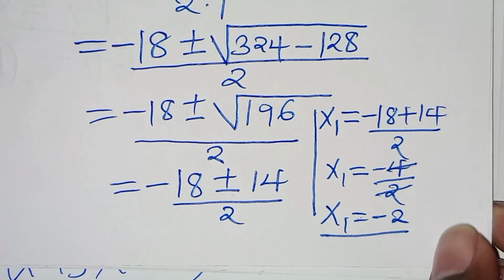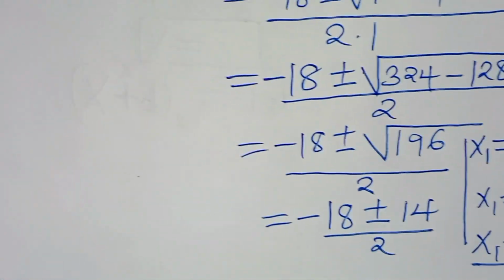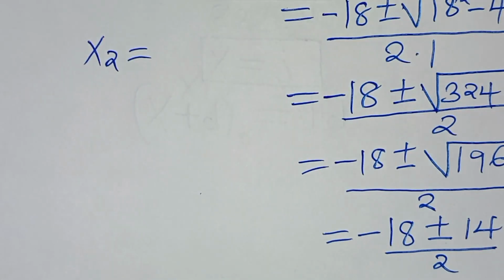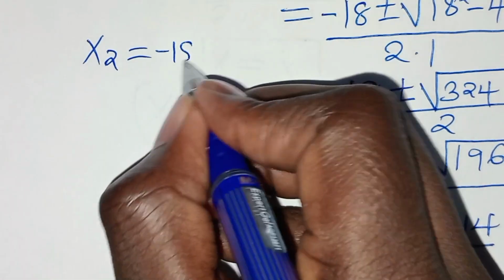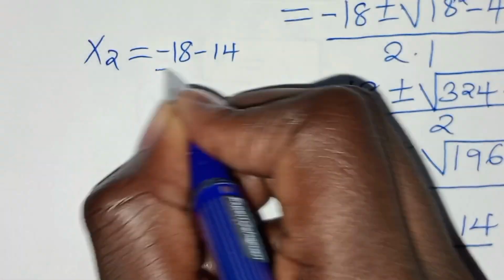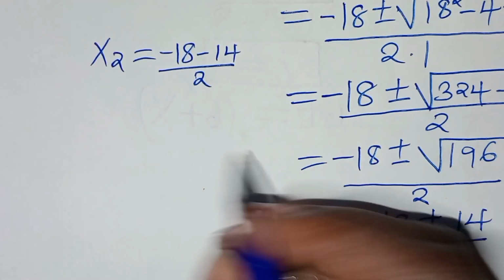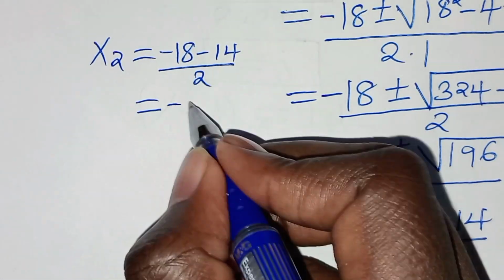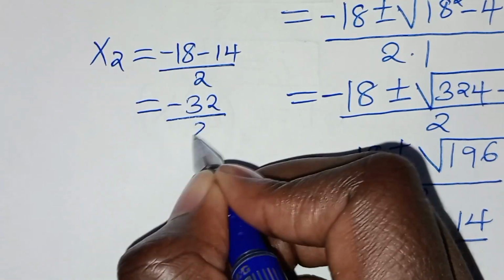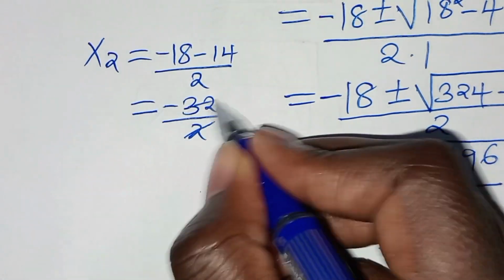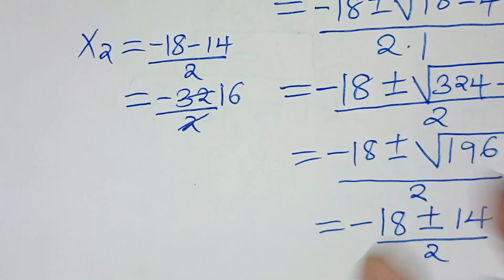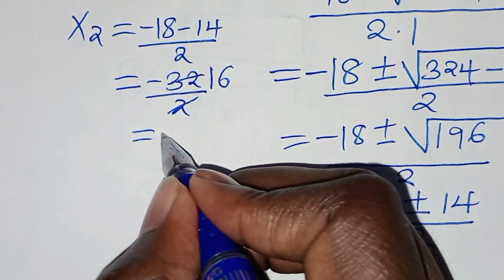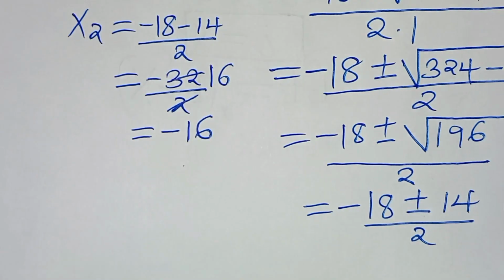Now we can solve for x2 from here. So x2 is equal to (-18 - 14), everything divided by 2. So this is -32 divided by 2, which is -16.